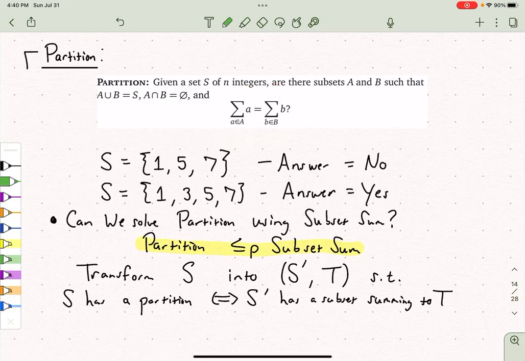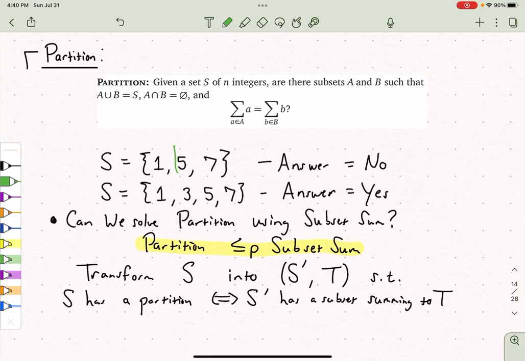So here's some examples. You could have this set S being 1, 5, and 7, and maybe one possible partition would be to create the subsets A and B, A being 1 and 5, and B just being 7. But in this example, 1 plus 5 is 6, that's not equal to 7, so that doesn't work. We could also try putting the green line here.